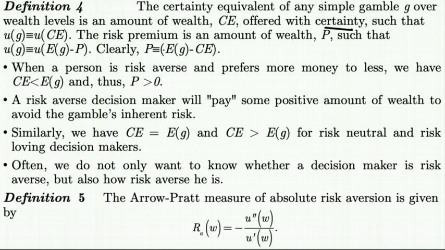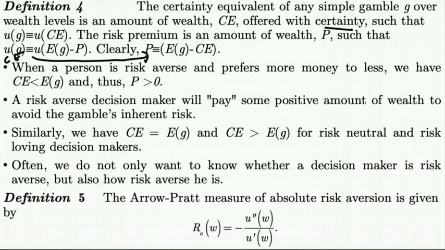It is an amount of wealth P such that UG is identical to U of EG minus P. From here we can have this, because UG is identical to UCE, so this can be substituted for CE here.